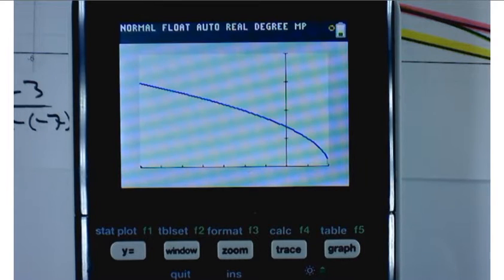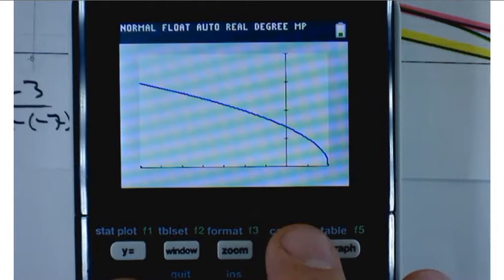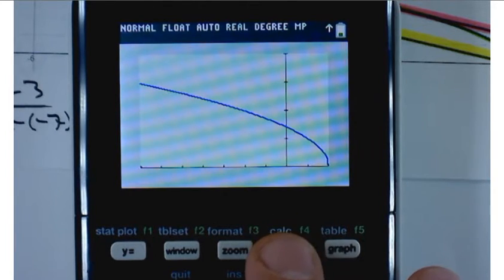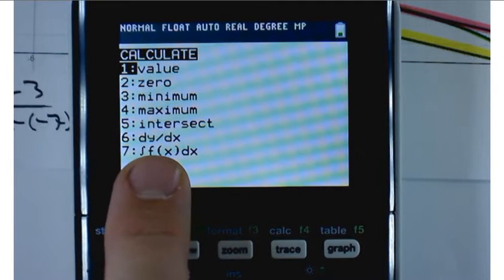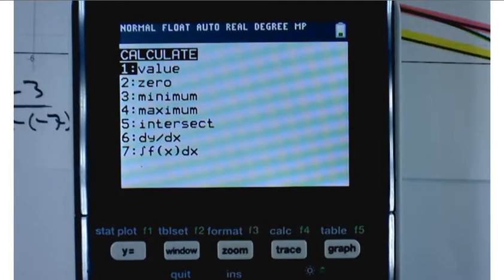Now what I want to confirm is the slope of the tangent line at x equal -1/4. Do you remember how my calculator can give me the value of the derivative at a point? If you hit the second key, then the trace key, that takes you to the calculate menu. There's an option here that looks promising. Yeah, dy by dx. Let's choose 6. It's going to ask you where you want your derivative.